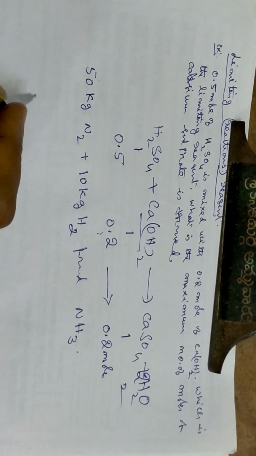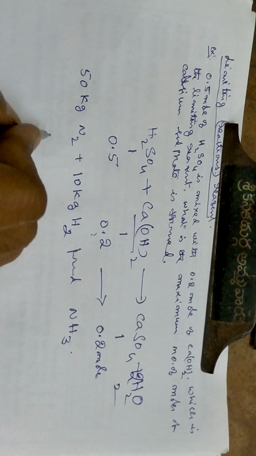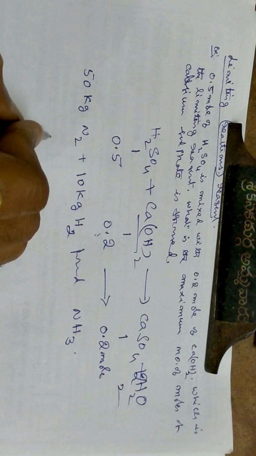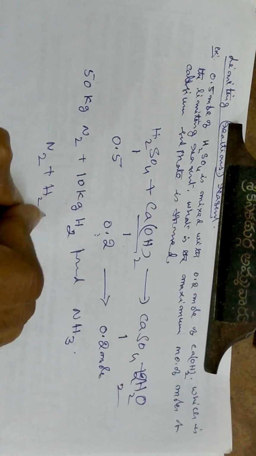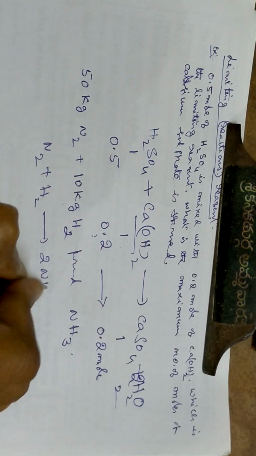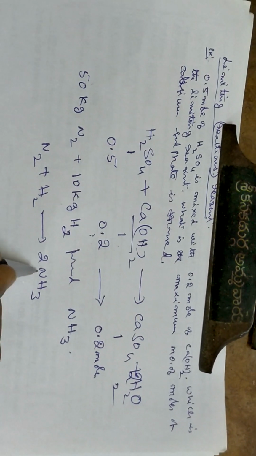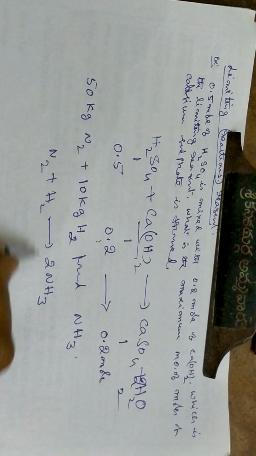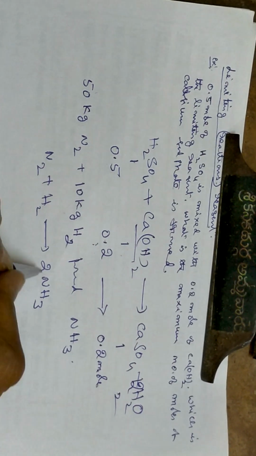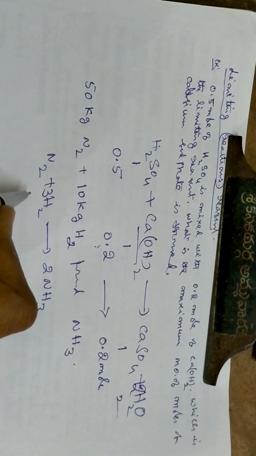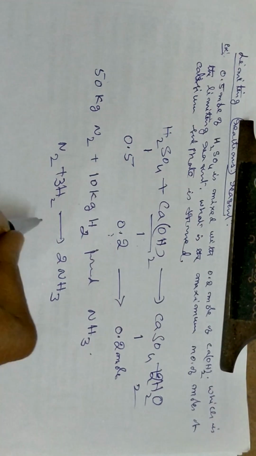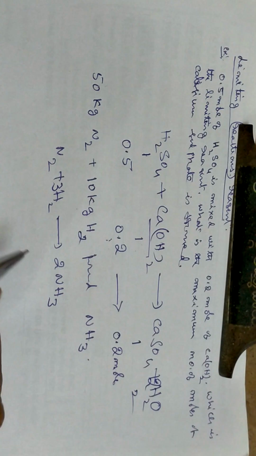Now I am converting it into the symbolic or formula equation. N2 plus H2 gives NH3. Balancing the hydrogens, 2 times 3 is 6, so 3H2. N2 plus 3H2 gives 2NH3. This is the balanced equation.